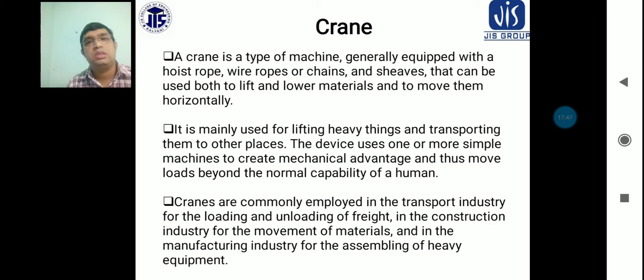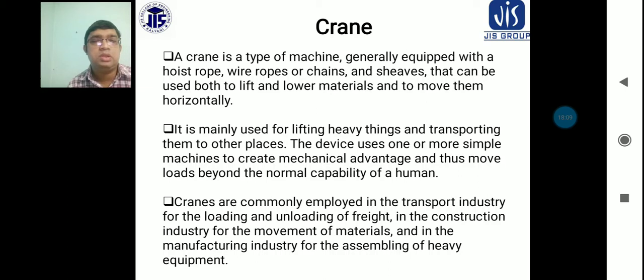Suppose now we can see that in those places human beings cannot go, but the crane will be placed on the bank of the river, and the ship will not come to the bank of the river.